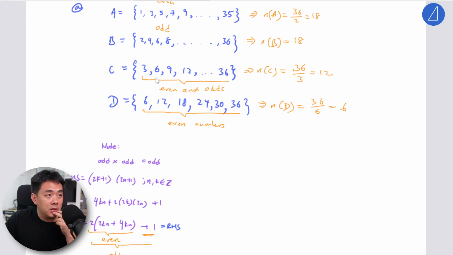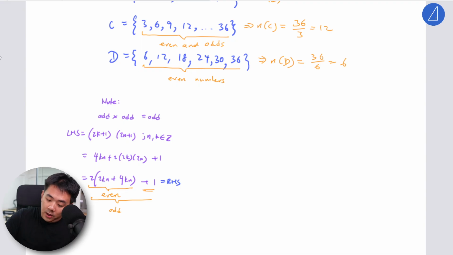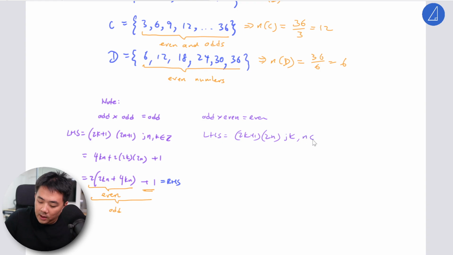But the multiples of 6 here are 1, 2, 3, alternating. If you think about odd times even, obviously it's even. You can also show it. From this, you get 2k plus 1, and an even number is 2n, where k and n are integers. This one is easy, because the entire thing is 2 times an integer, which is even.